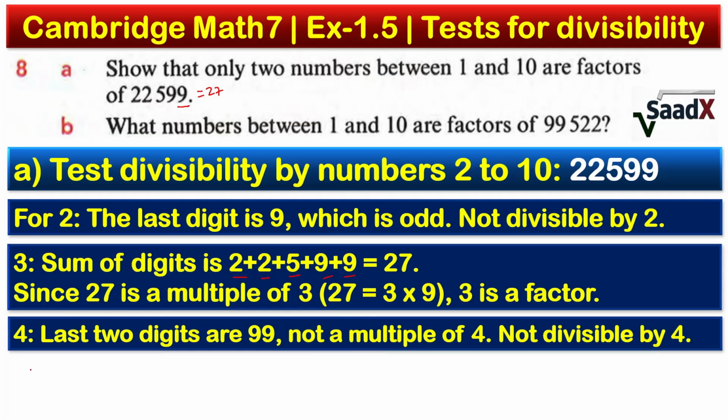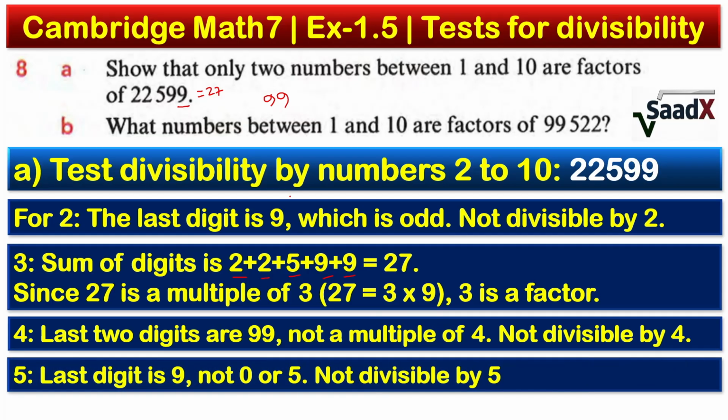For 4, we know that if the last two digits can be divided by 4, the whole number is divisible by 4. But look, 99 cannot be divided by 4, so 22,599 is also not divisible by 4.